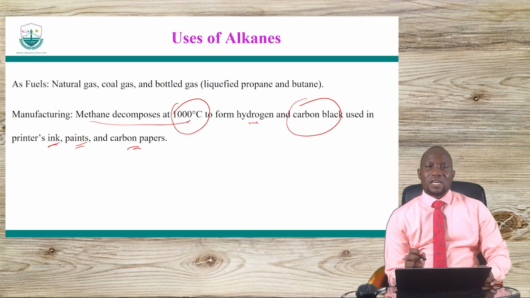And if the branchings are many, then we include some prefix. For example, di, tri, tetra, and then we indicate the positions. And we also need to name the group that has branched. Is it a methyl group? Is it an ethyl group or another group?